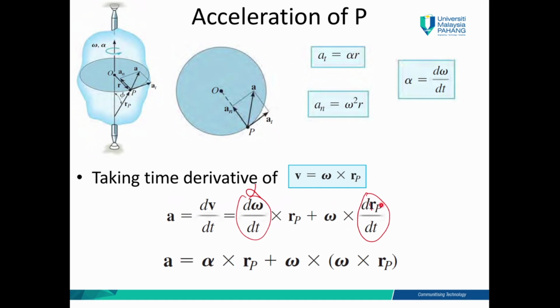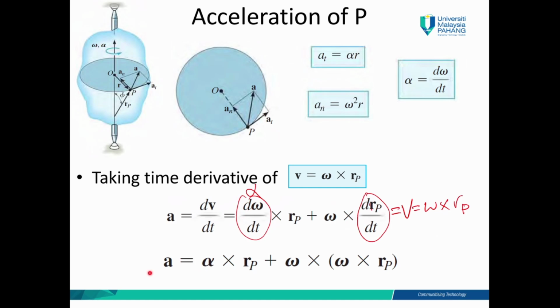The drp/dt, what is it actually? This is the rate of change of your position vector with time, which is actually the velocity, right? And you already know what the velocity is. It is equal to omega times rp, the cross product.